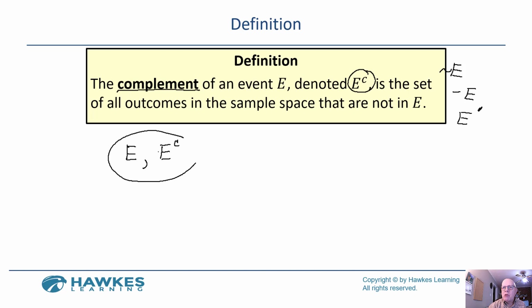If you put those 2 together, either E happening or E not happening, you get the sample space.